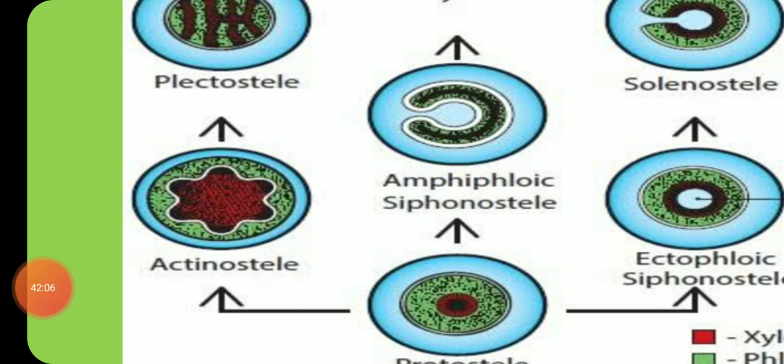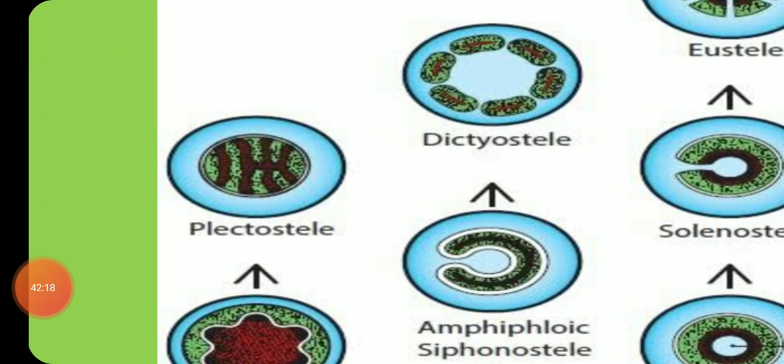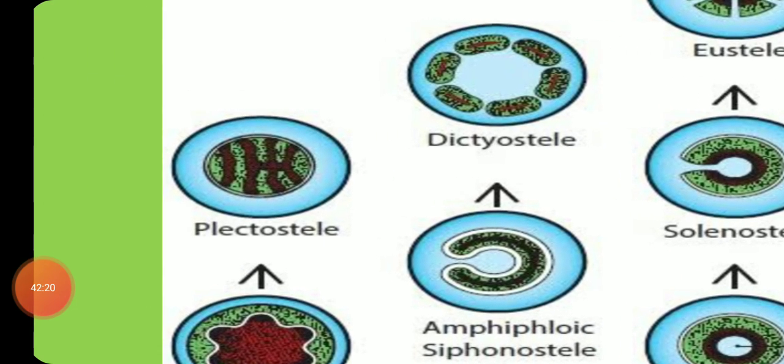And then plectostele is where xylem plates alternate with phloem plates. The xylem is arranged in a plate-like structure, and in between the plates, phloem plates are present. This arrangement is observed in Lycopodium clavatum.